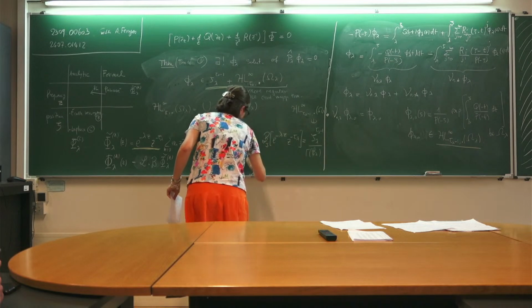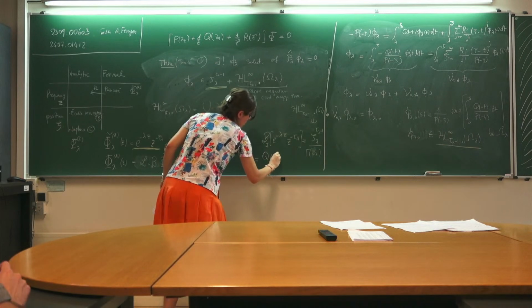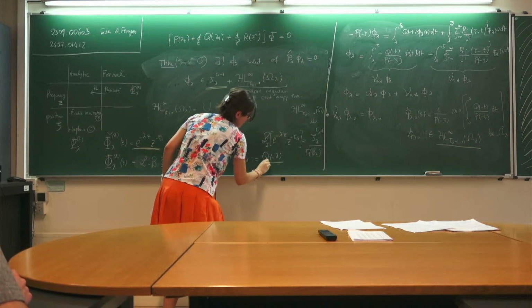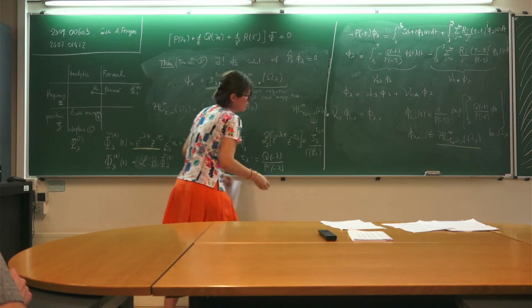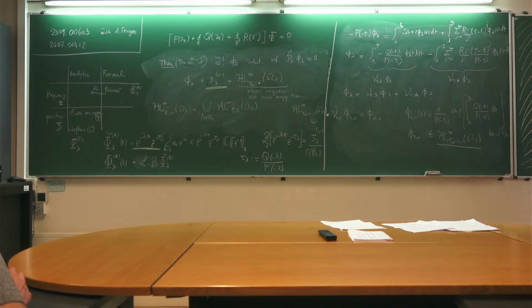remember how tau lambda was defined? Tau lambda was q of minus lambda divided by p prime of minus lambda. So, roughly speaking, you see that you have q over p, and since p has a simple root at lambda, you can rewrite this part isolating the contribution that comes from lambda, which in particular will be of the order p prime of minus t, plus all the rest.